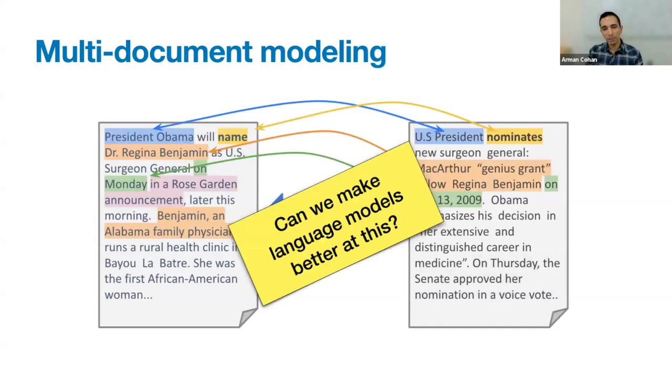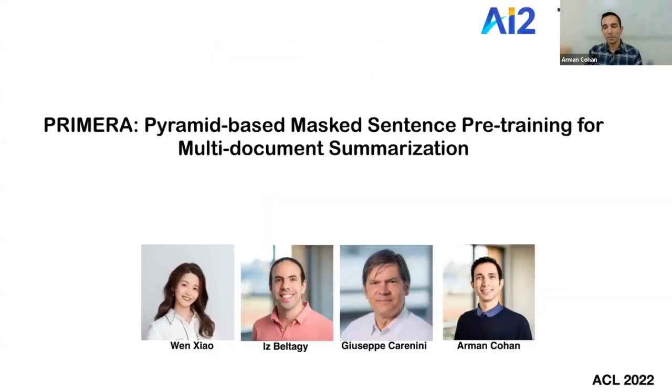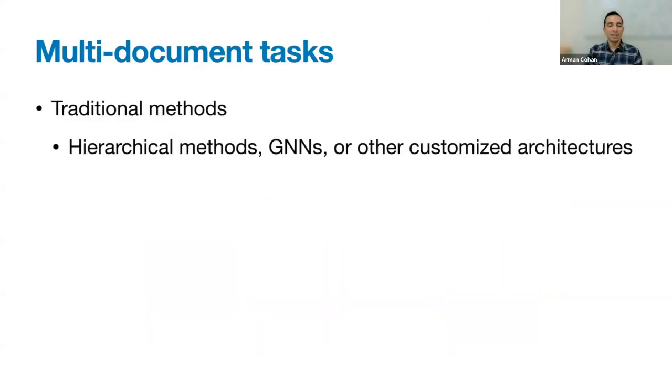So the main question that we were interested in was, can we make language models better at this type of problem? The first work is this classic work on multi-document summarization, which we call Primera. And this is basically a training method.